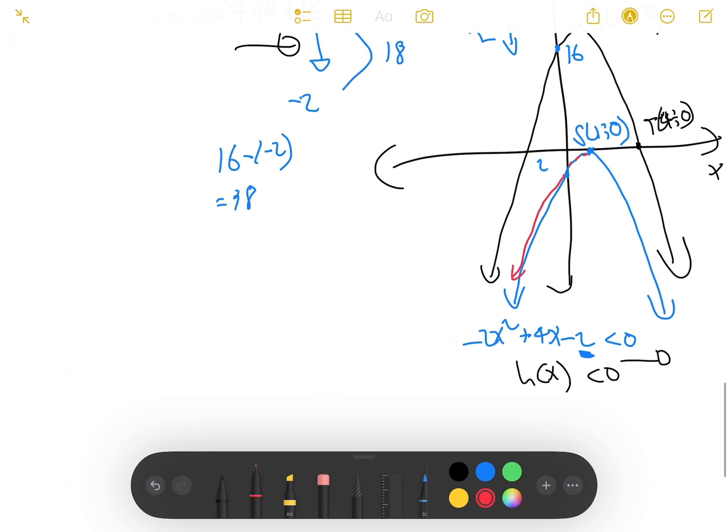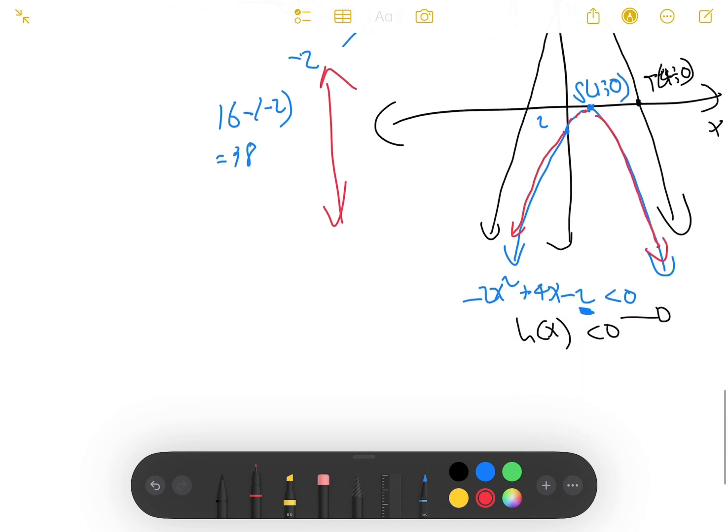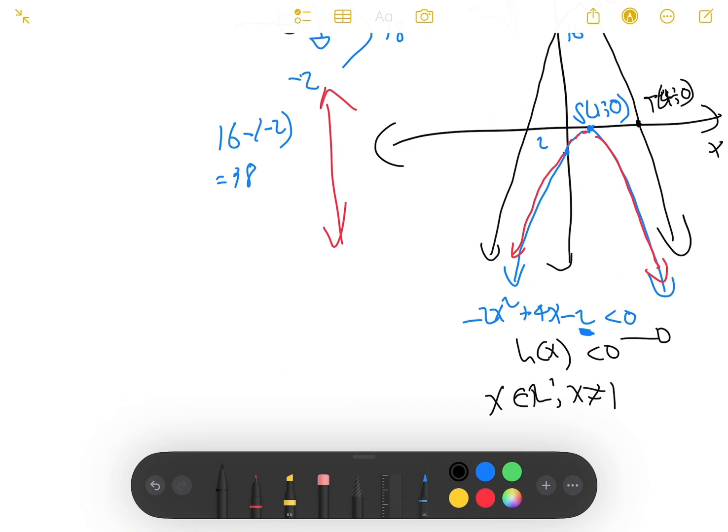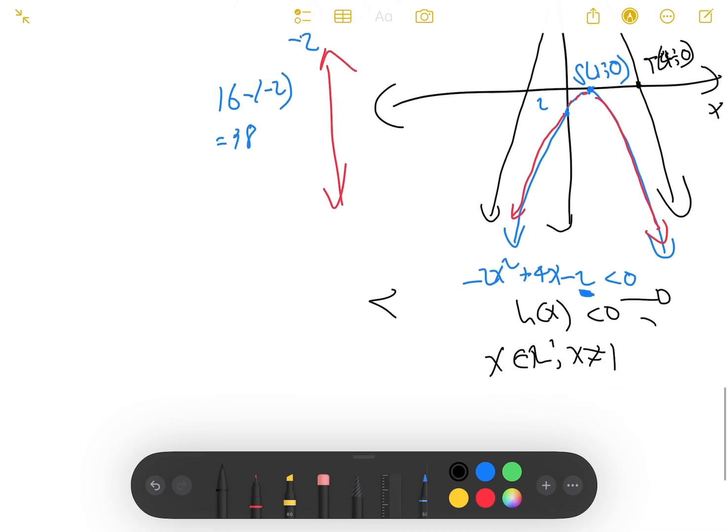It's less than 0 when you are moving across the x-axis, right? Also all the way this way. So the answer is the same. X is an element of the real numbers, where x is not equal to 1, since the point 1 is not included, right? As we see from the less than sign. And then, yeah, anyways, x less than 1 or x greater than 1.